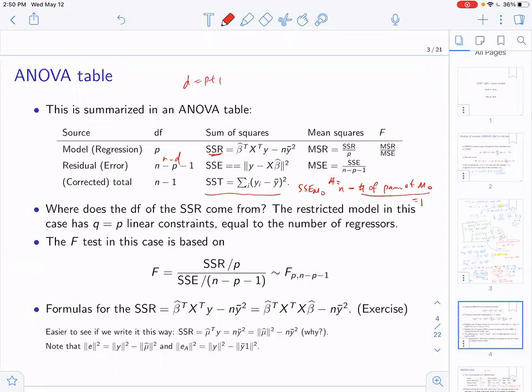So this is all just a nice tabular way of representing this data, and then the rest follows. Okay. So as you can see, this type of analysis, the ANOVA table, is a very special case of the general test that we discussed already.